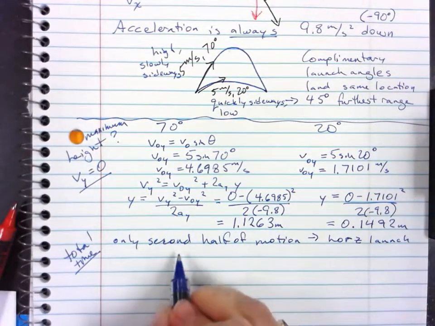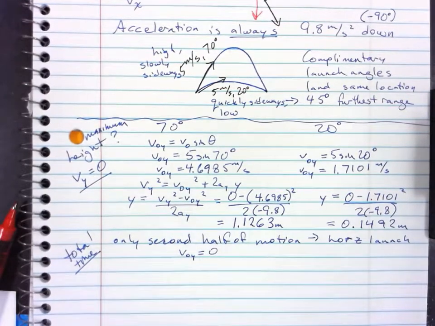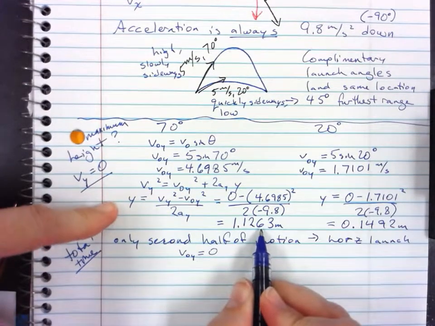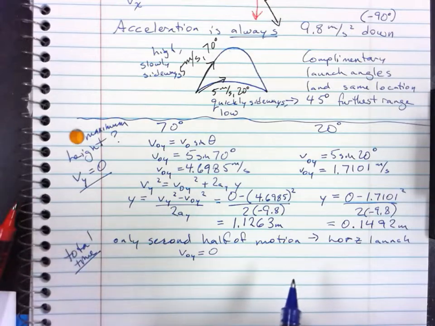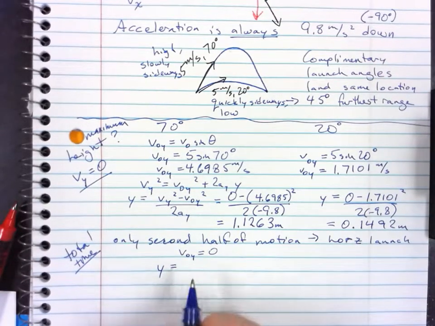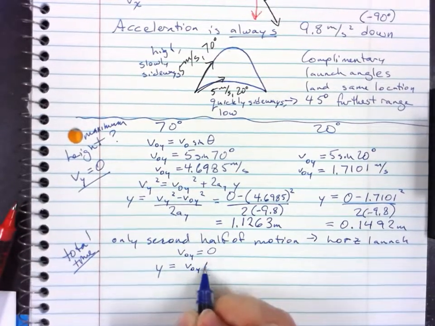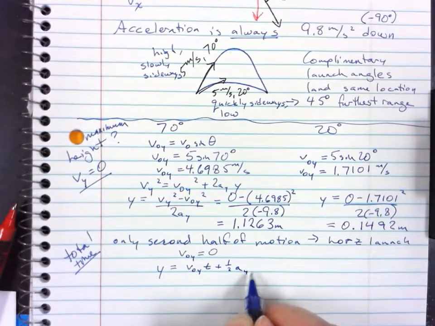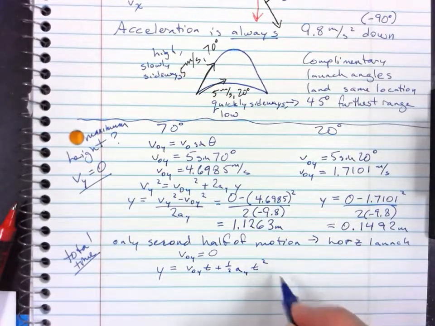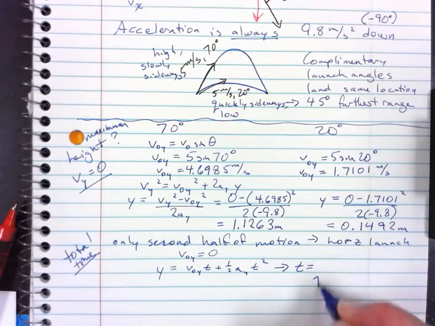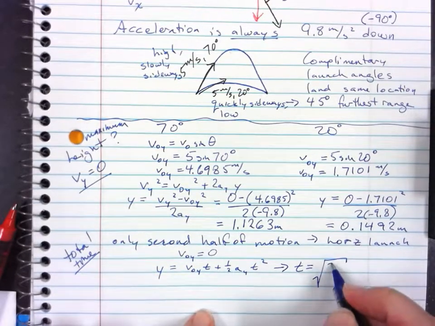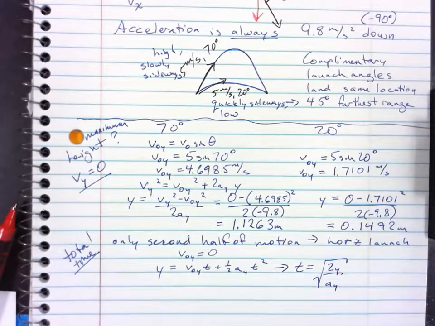And you know, for a horizontal launch, Voy is 0, and we know the value of y. We know the distance it's going to travel down. So we can use the short version of this equation, t equals the square root, because this is 0, of 2y over ay.